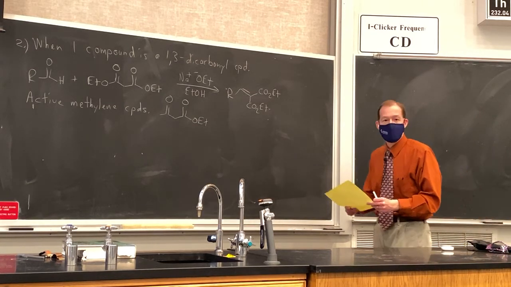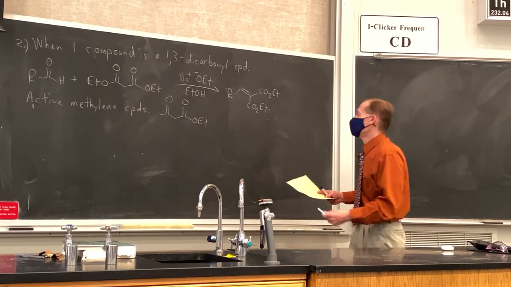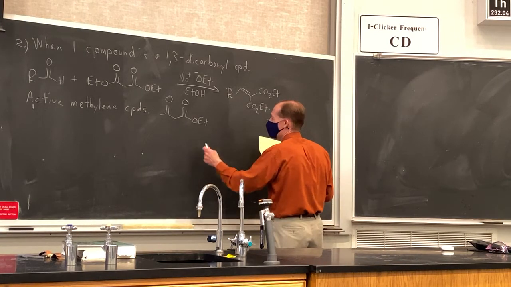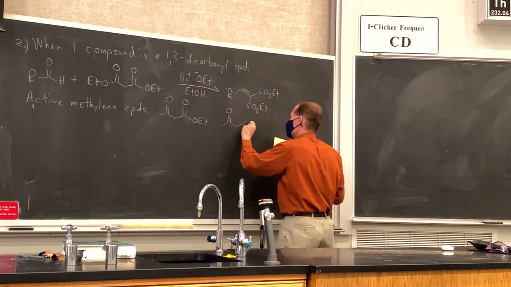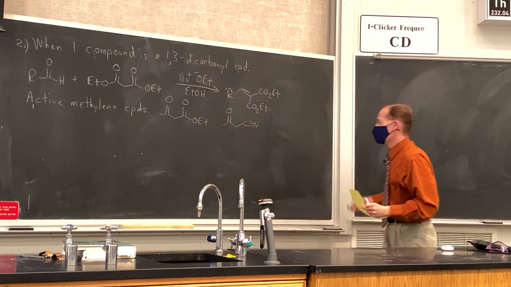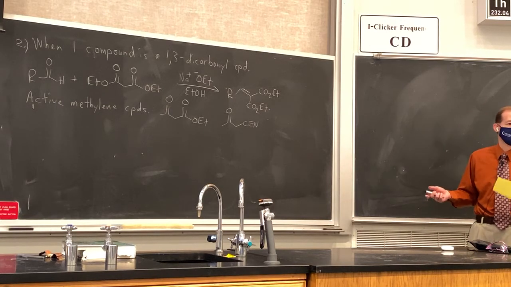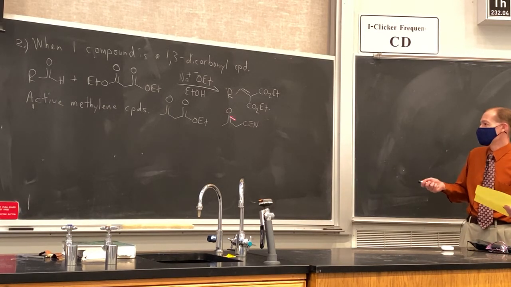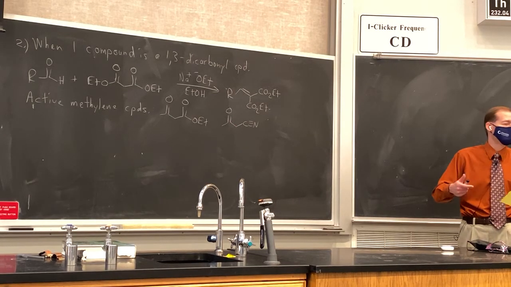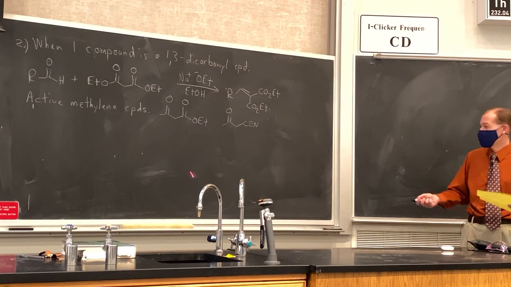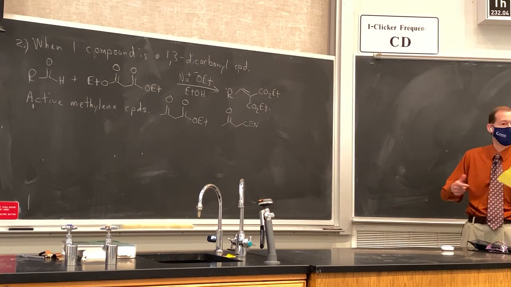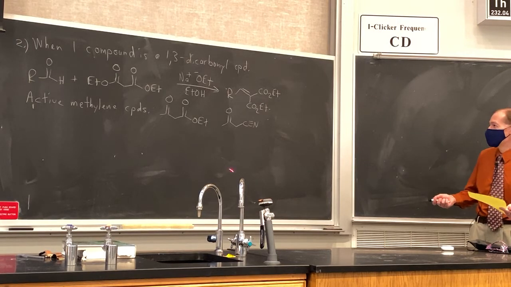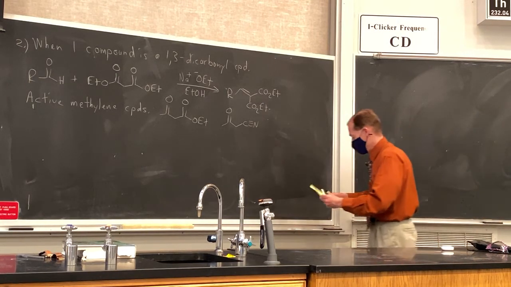But we also learned that nitriles can have a similar impact on the acidity of alpha hydrogens. So this would not be a 1,3-dicarbonyl because it only has one carbonyl, but we could call this an active methylene compound, and it would also participate in a crossed aldol reaction where we could make an enolate at this carbon that would react exclusively with our other aldehyde or ketone to give us products of this type.